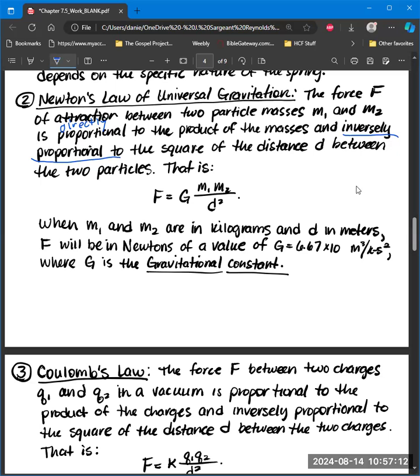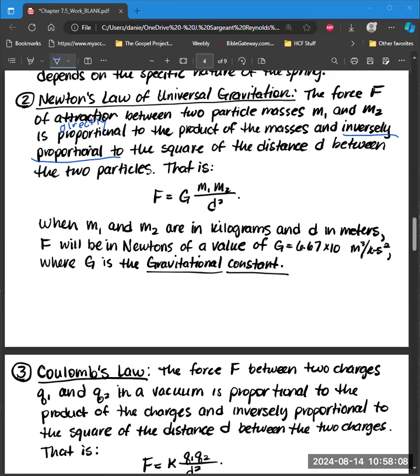It is a known constant that we call capital G. Anywhere within our universe, the gravitational constant G is 6.67 times 10 to the negative 11th meters cubed over kilogram second squared.